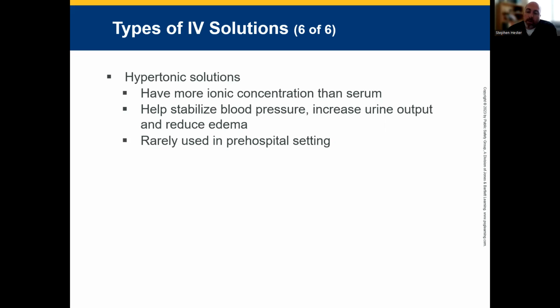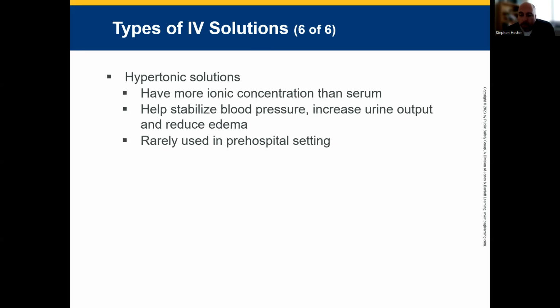Hypertonic solutions have an osmolarity higher than the serum in our blood. They have more ionic concentration than serum, shifting body fluids into the vascular space and pulling fluids and electrolytes from the intracellular and interstitial compartments into the intravascular compartment. It can be used to help stabilize the blood pressure, but it's rarely used in the pre-hospital setting.